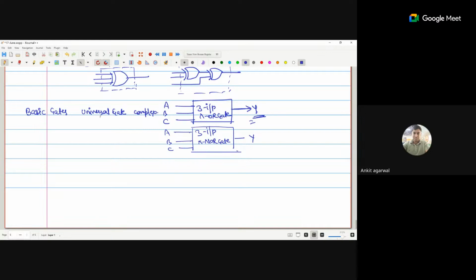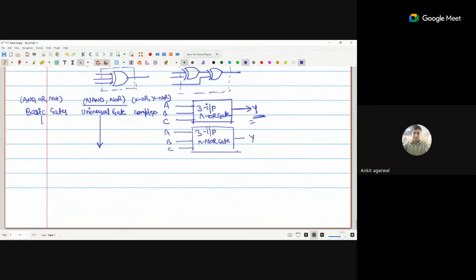Why do we call it the universal gate? Because it is used to implement all other gates. If we are talking about NAND and NOR, with the help of NAND or NOR we can implement all gates: AND, OR, NOT, XOR, or XNOR.